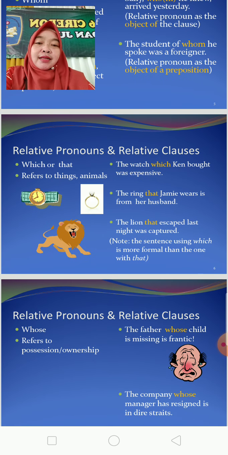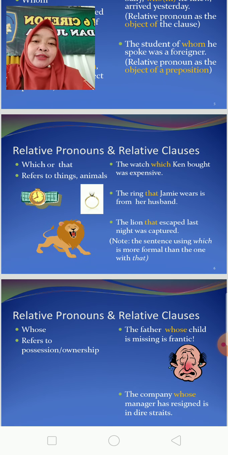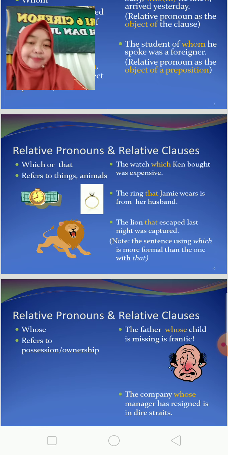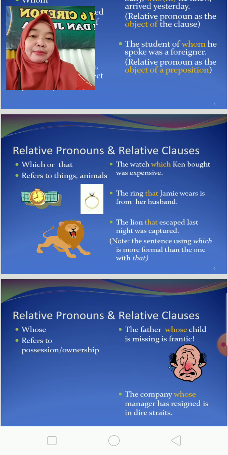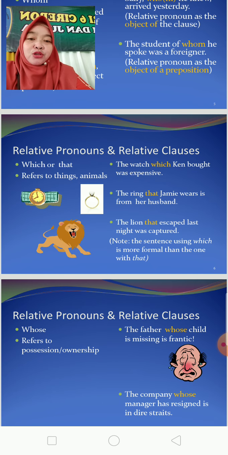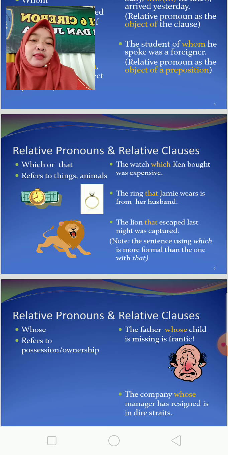Next, relative clause or adjective clause using which. Which refers to things or animals. So if you are going to describe detailed information about things or animals, use which or that. The watch which Ken bought was expensive.